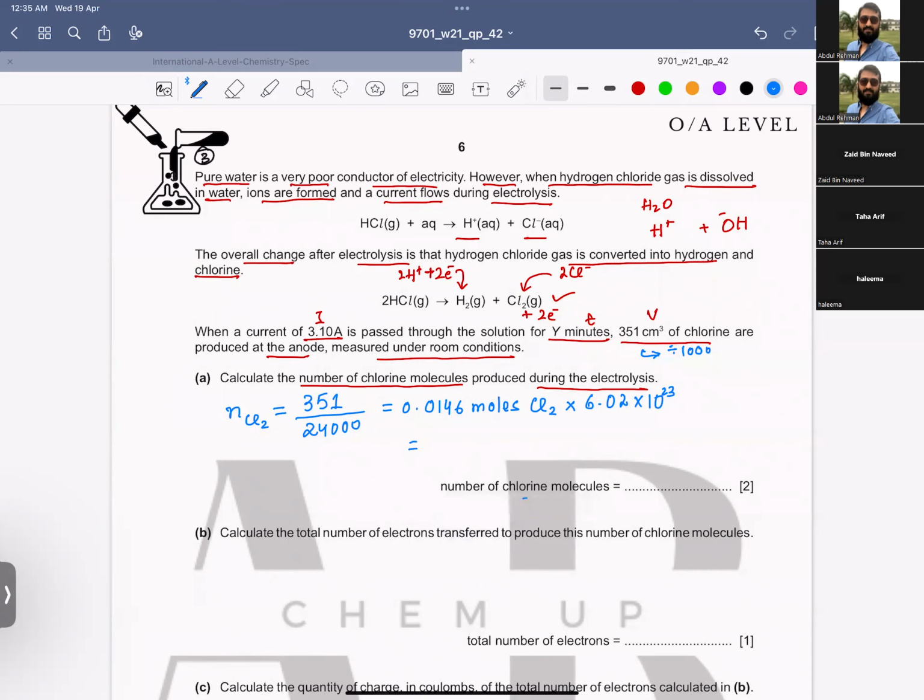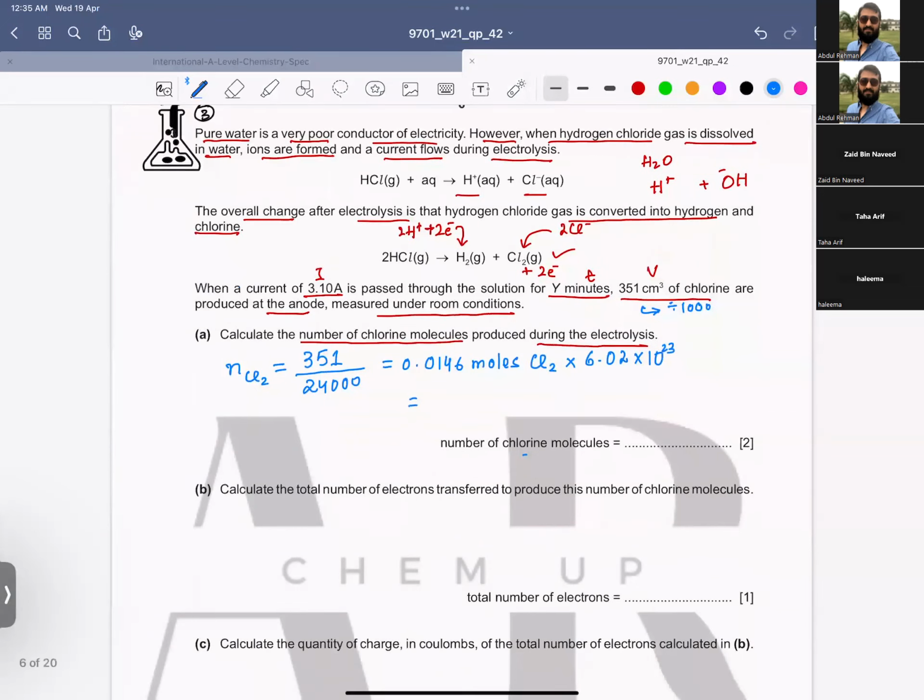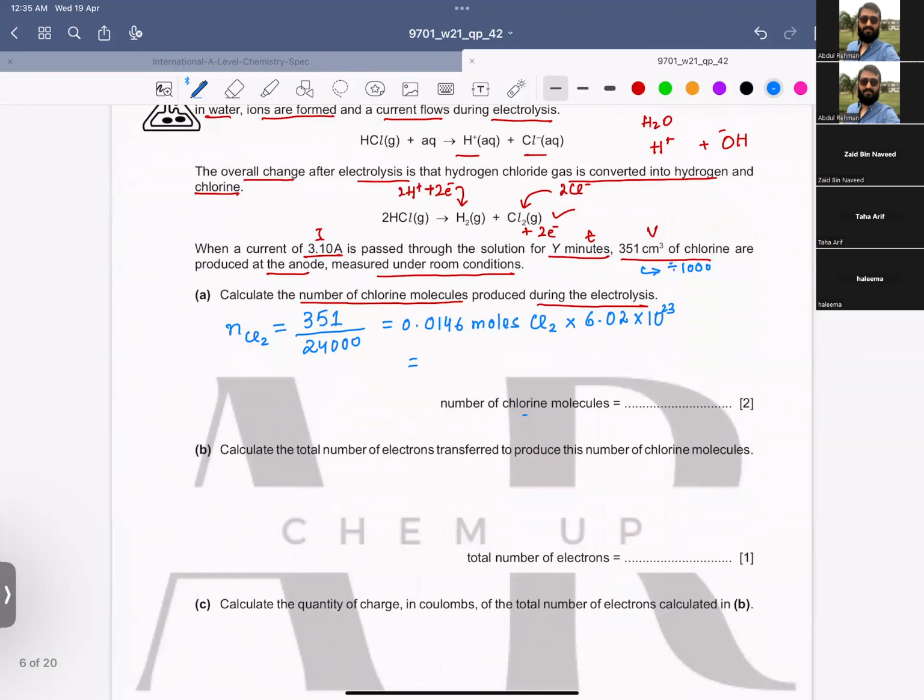Can anybody tell me the answer? 8.80 into 10 raised to the power 21 molecules of chlorine. Is this understandable to everyone?